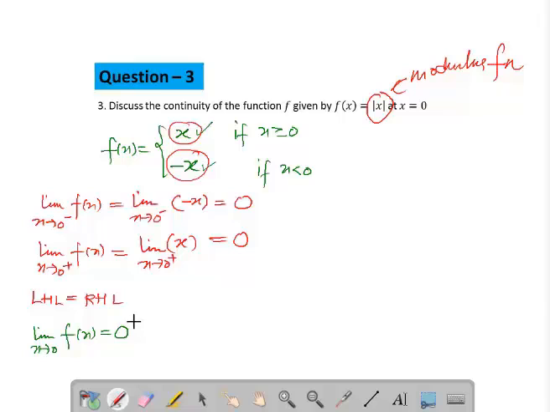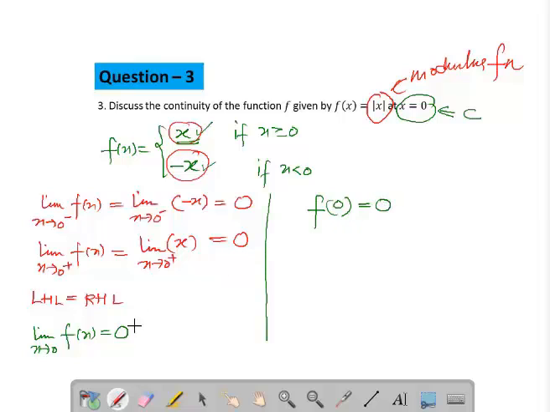Now in order to see the continuity, we need to find the value of the function at 0, right? So next, here x equals 0 means this 0 is the c value, right? So next is f of c. So here f of 0 is equal to, when x is greater than or equal to 0, we have to take this function x, right? So it equals 0.